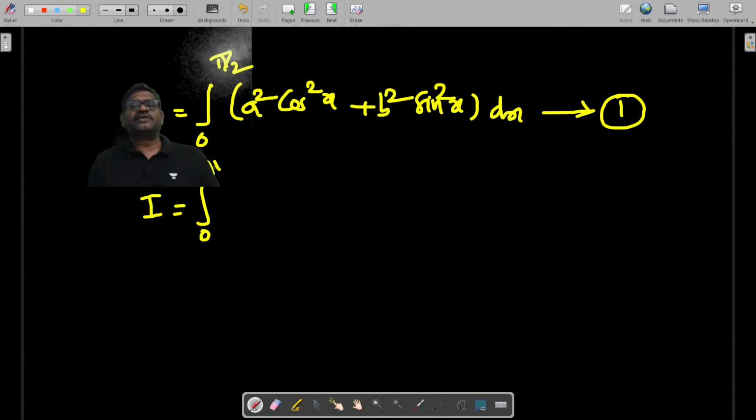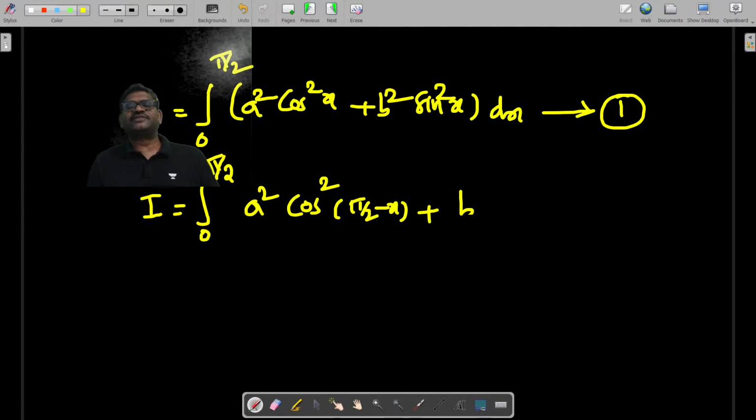If you apply the 0 to a f of x dx formula here, a square cos square of pi by 2 minus x plus b square into sin square of pi by 2 minus x dx.